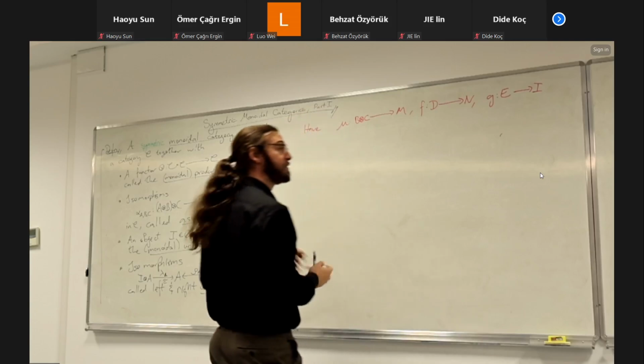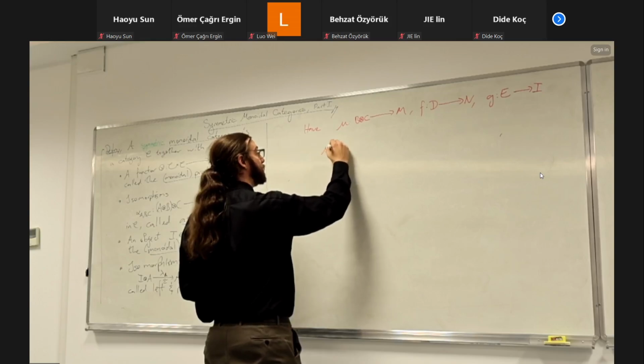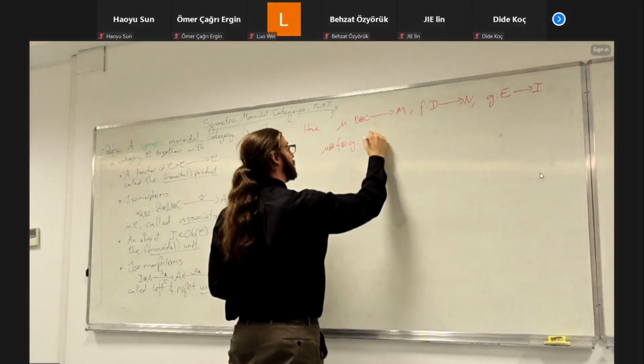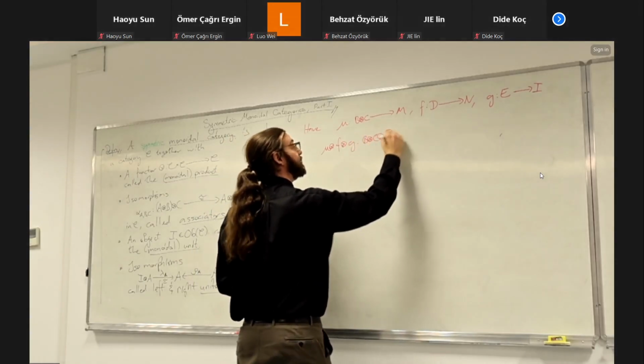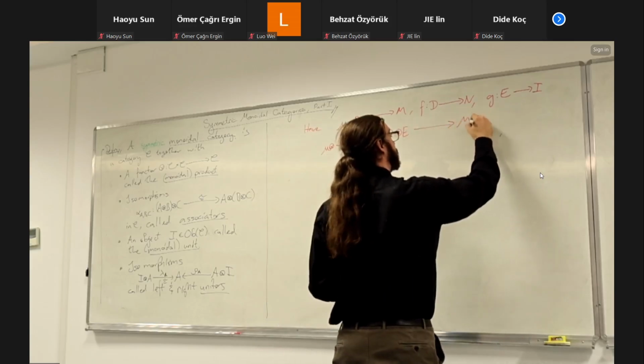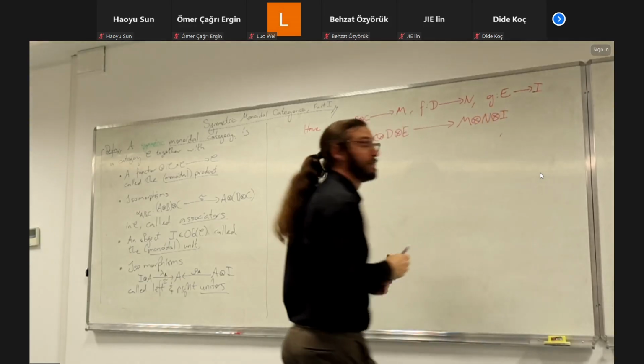And what we get is just the tensor product of these. We get mu tensor F tensor G that goes from B tensor C tensor D tensor E to M tensor N tensor I.